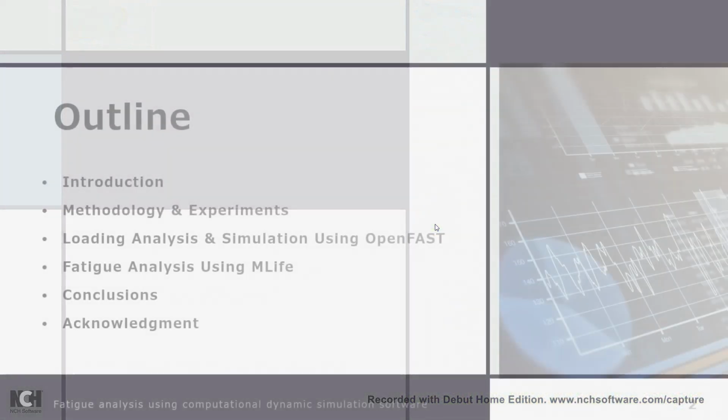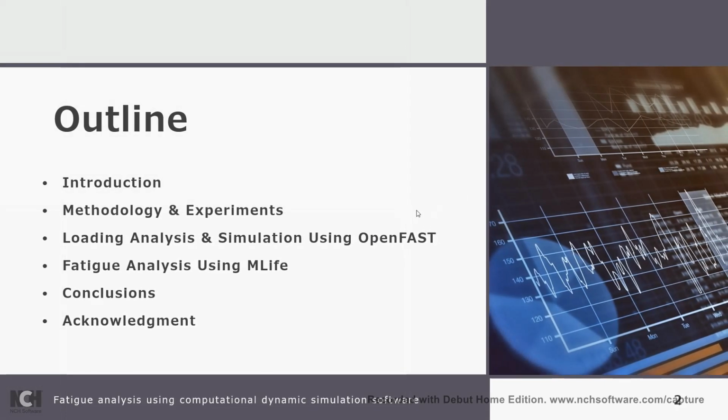So let's kind of go over the outline. We're going to have an introduction, obviously, and then talk about the methodology and experiments and the metrics that we used for all of our testing. Then we'll move into the simulation using OpenFast, which is one of the software packages, and the static loading analysis that we did.